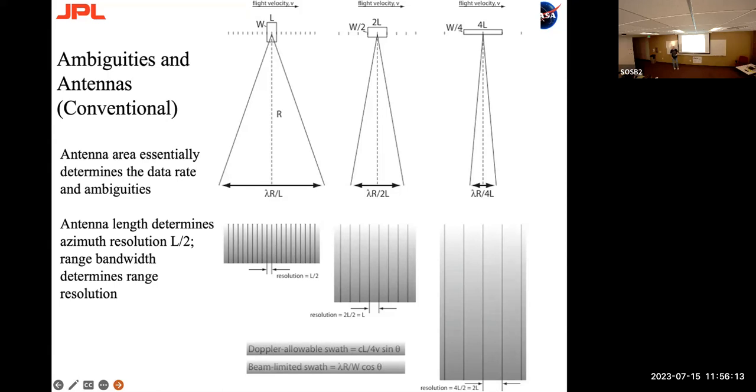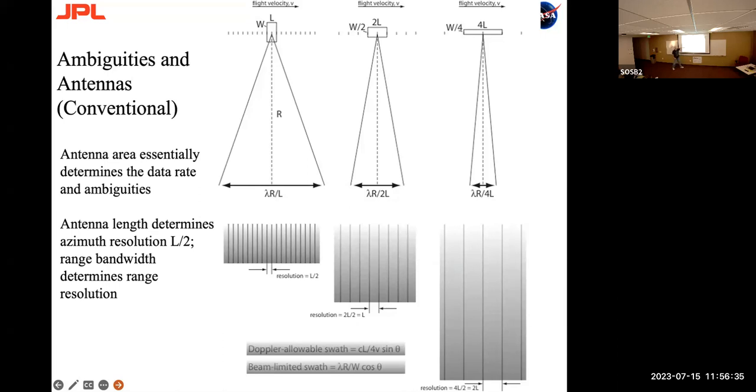It relates to how we're sampling in the along-track direction, and it also relates to how much room we have between one pulse and the other. That determines how much of the swath width that we can get. So the PRF affects the size of the swath, and it affects the resolution that we can get.